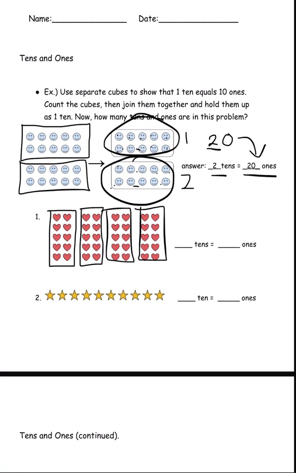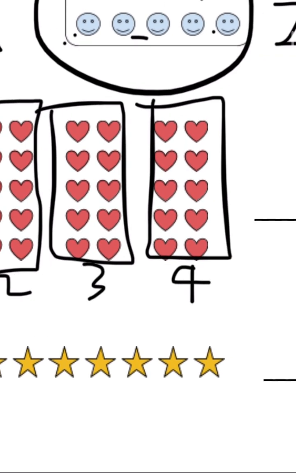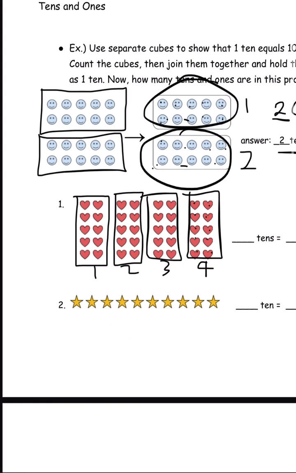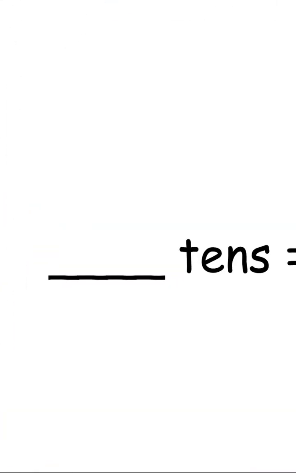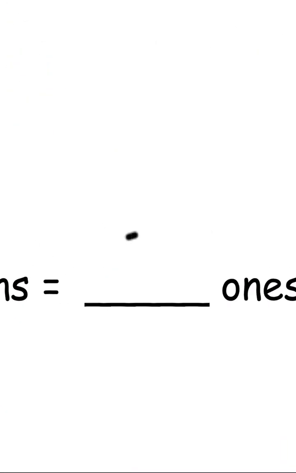So when I separate it, there's 4. 1, 2, 3, 4 tens, right? Because each one has 10 shapes each. So this is 4 tens, which equals to 40 ones.